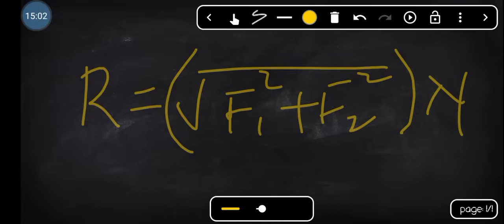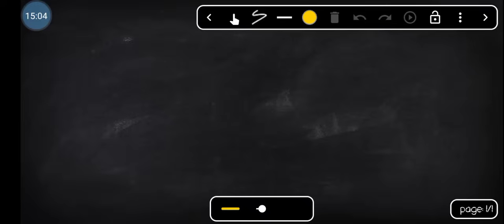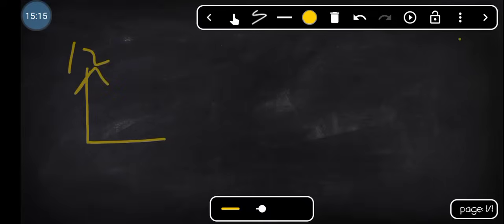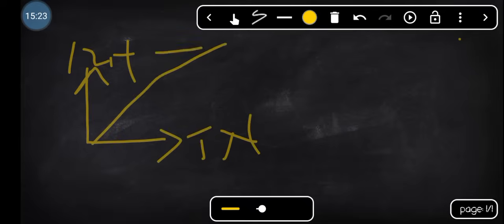So if we have a situation like the one I drew the other time, with 12 Newton here and 5 Newton here, and you are to find the resultant force, you just draw a force coming from the origin in between the two.